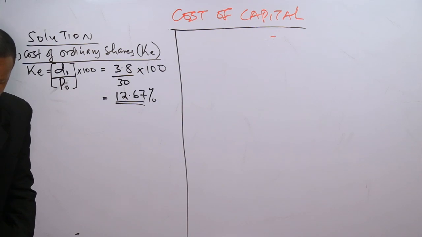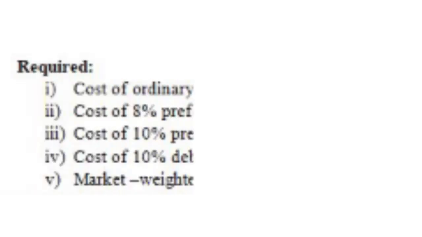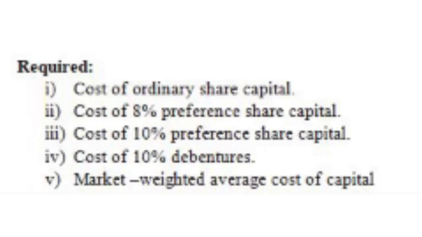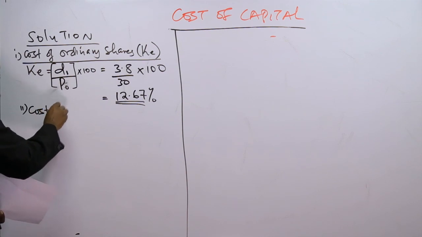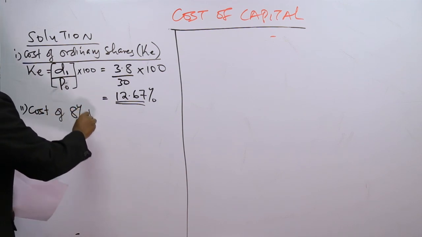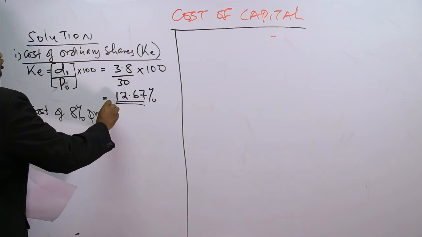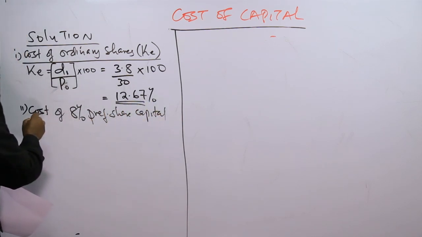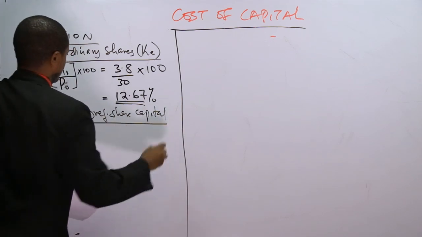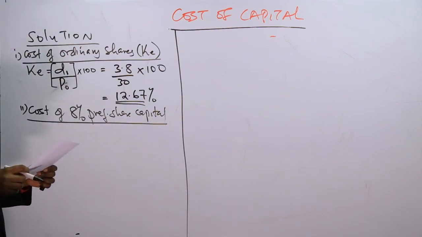We are required to calculate the cost of 8% preference share capital, preferred stock. We have two categories, the 8% preferred stock and the 10% preferred stock.